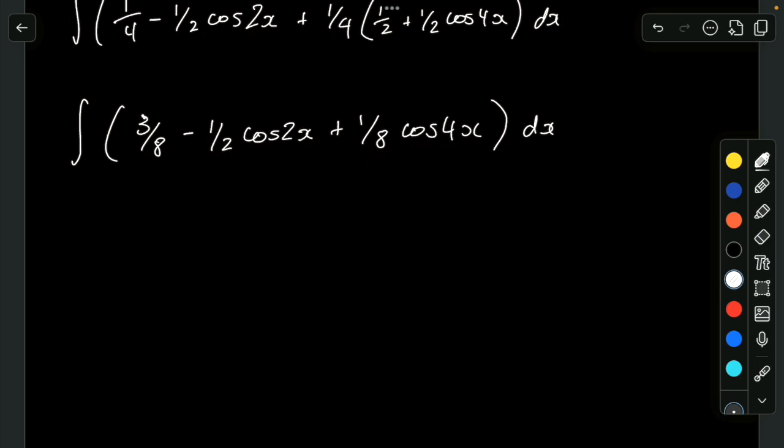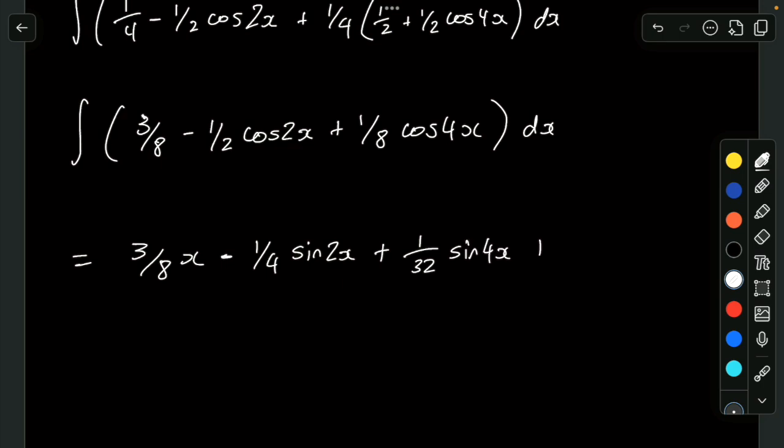So if we integrate this now, we get 3 over 8 x, minus a quarter sine 2x, plus 1 over 32 sine 4x, plus c. And that's going to be the final answer.